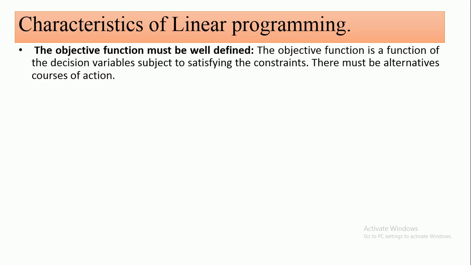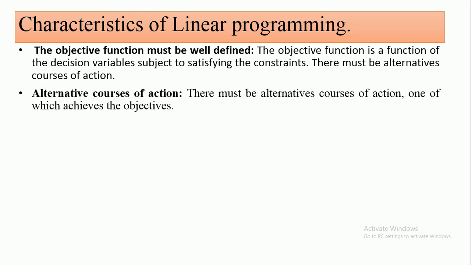And so there must be alternative course of action. The second characteristic of linear programming is alternative courses of action. So there must be alternative course of action, one of which achieves the objective.